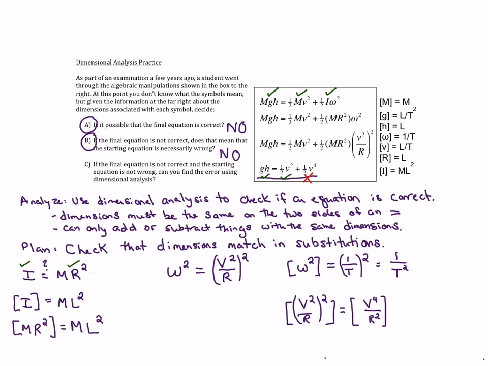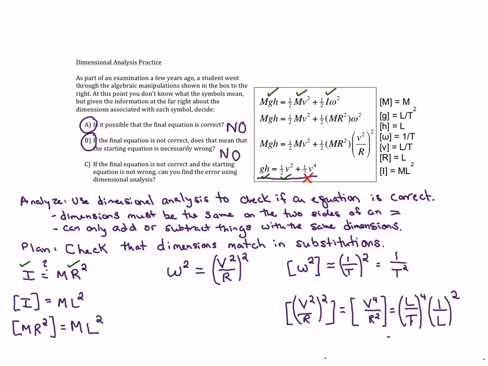And then I just need to get the dimensions of each of these. V is length over time, and that is to the fourth. And I don't think we've come across this where something's been in the denominator before. So the units of r are length, but it's in the denominator. So I have to put its units in the denominator of a fraction. And then the whole thing is squared.